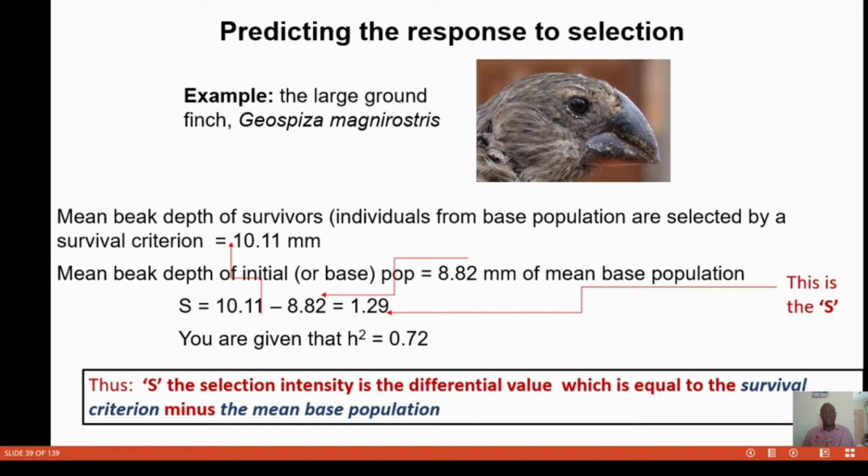The survival criterion is more or less like what we call the life expectancy.